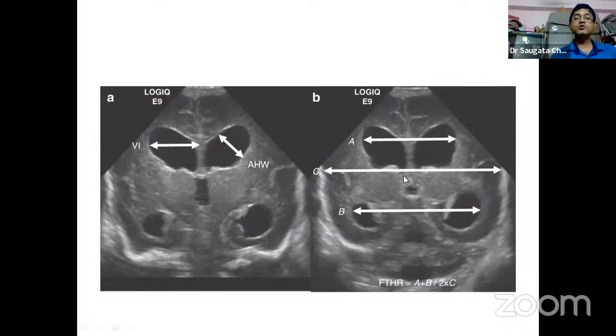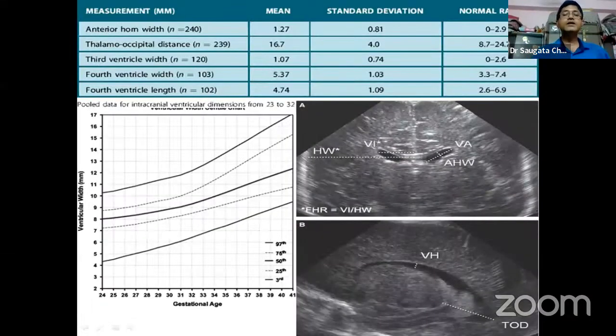We give the ratio, and we give the anterior horn width, and we give the third ventricle size as well as the fourth ventricle width. So in that way, there are some action lines for when to do interventions. We don't have the scope to discuss in detail, but these measurements are very important for when to start intervention.